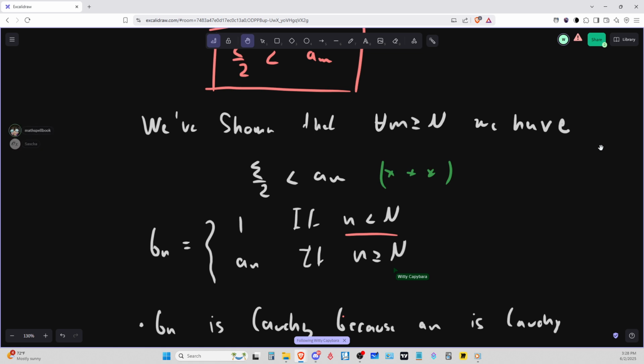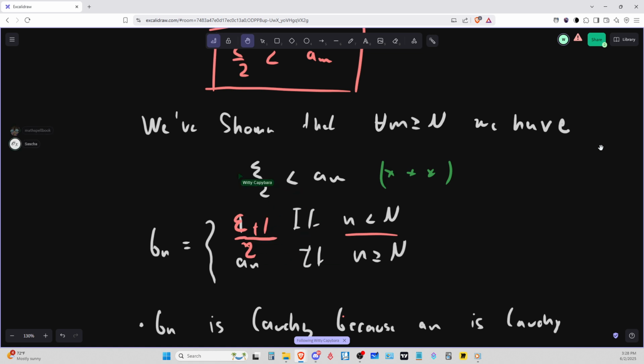To fix the proof that I showed you, I will just change the 1 here to epsilon over 2, and then here I will put the plus 1.